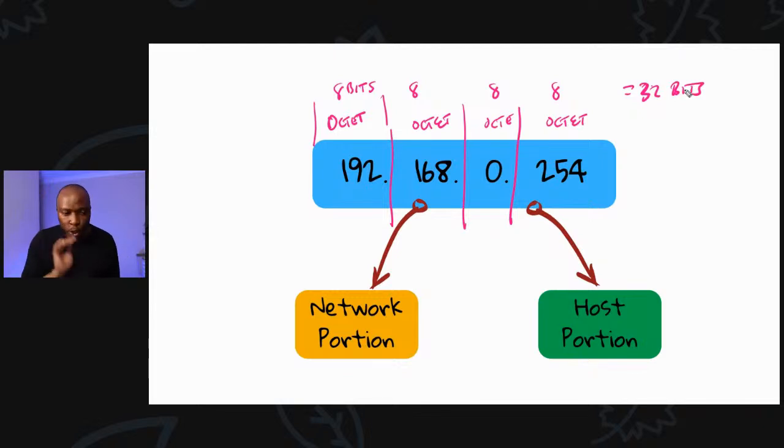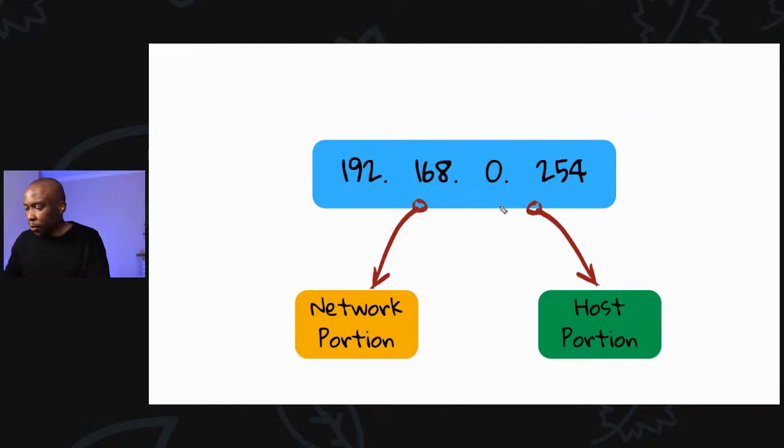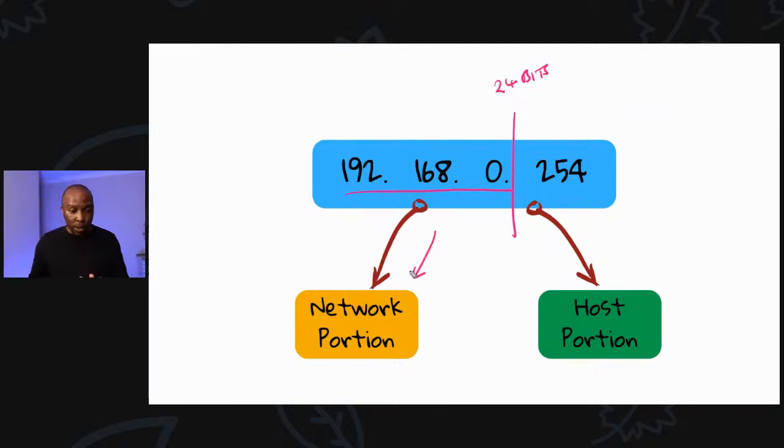So our IP address has 4 octets. And if we choose to use the first 3 octets to identify our network address, it means that, 1, 2, 3. Okay, I need to raise one more time. So the first 3 octets, or the first 24 bits, are going to identify our network portion. And the last 8 bits are going to identify our host portion.